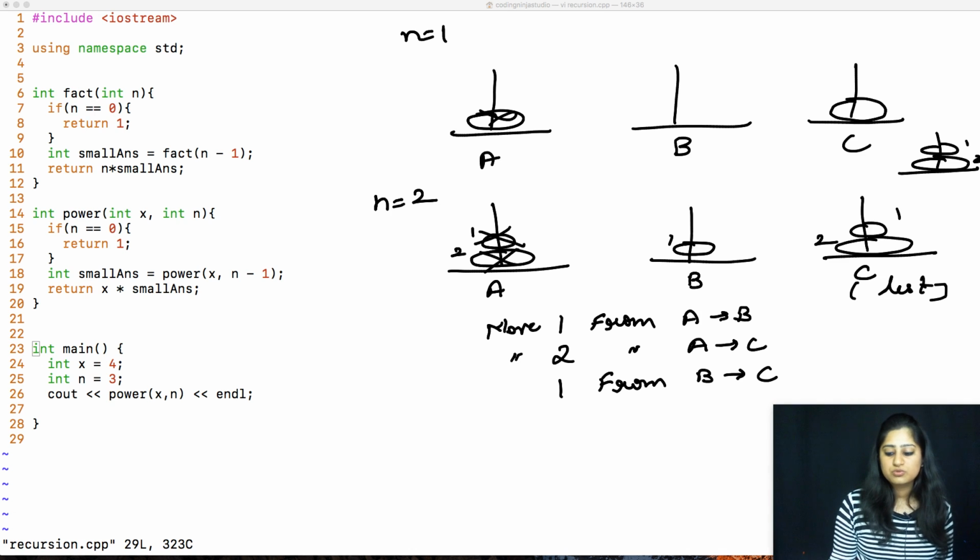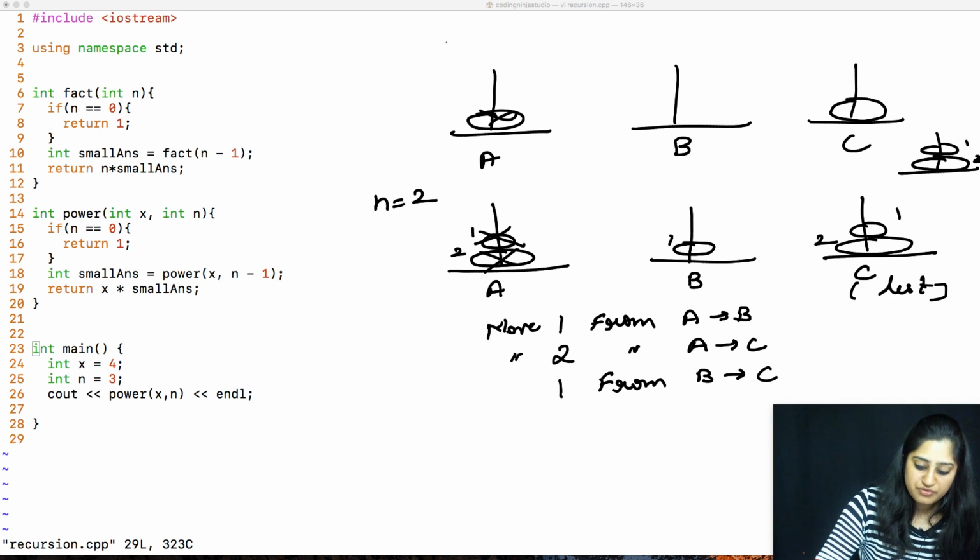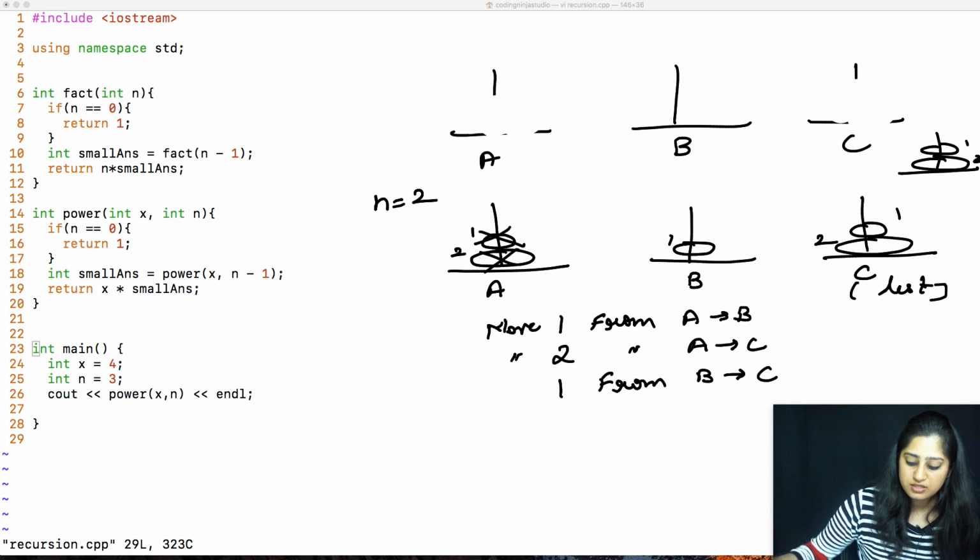So n is equal to 2 was okay, n is equal to 1 was okay, n is equal to 3, 4, 5. I think the number of steps will increase and it will get a bit difficult for us to proceed. Okay, so for n is equal to 3, I will just erase this value of n, and say I have to solve it for n is equal to 3.